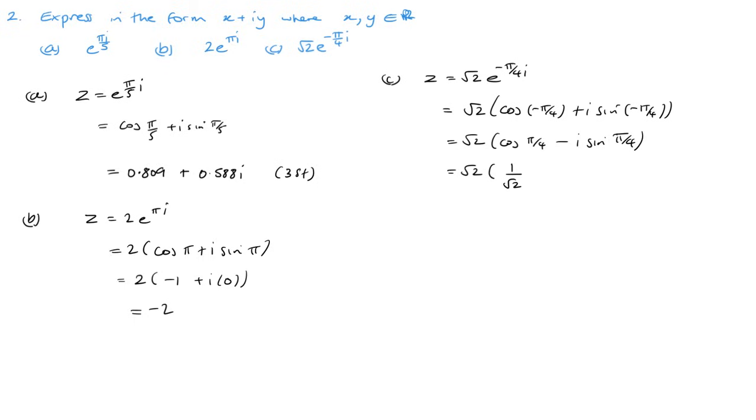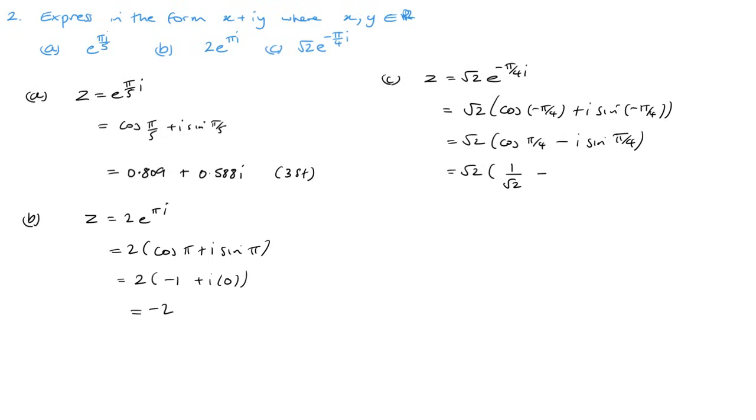Obviously, if you did this in your calculator, you'd get root 2 over root 2, which when you multiply by this, you'd end up with 2 over 2, so it would still cancel out the same.